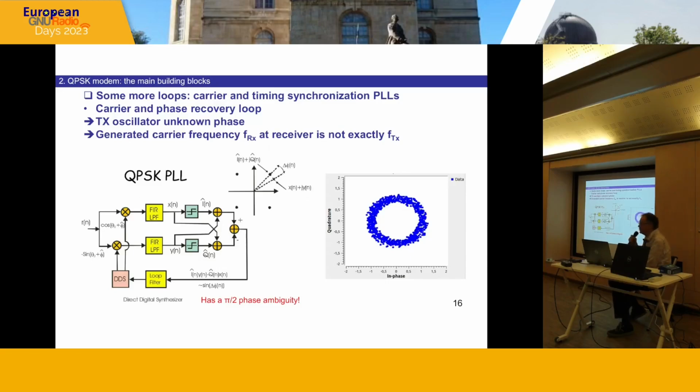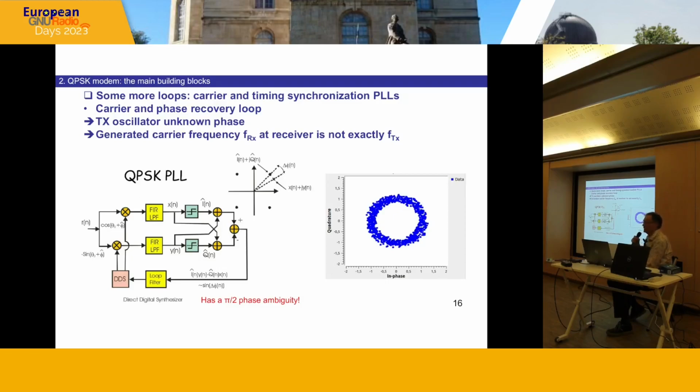When you haven't got a loop like that to recover the phase, the points of your constellation are turning around the circle, and if you implement this loop and it's properly designed, you're going to find your QPSK symbols again.